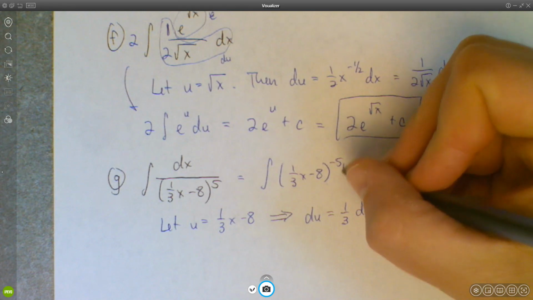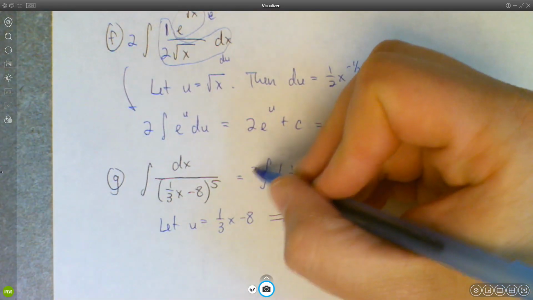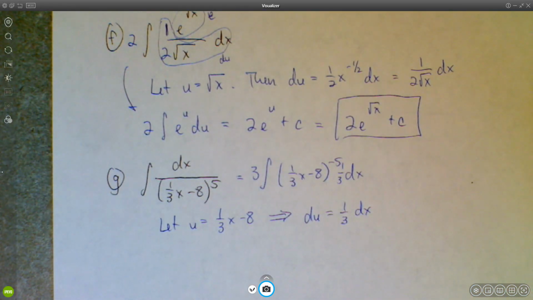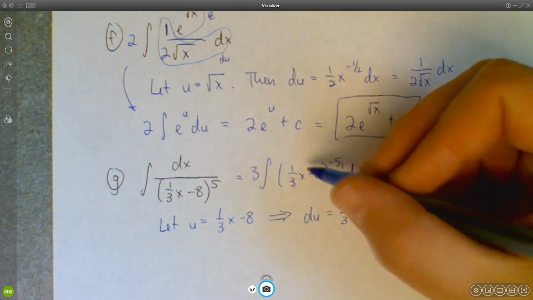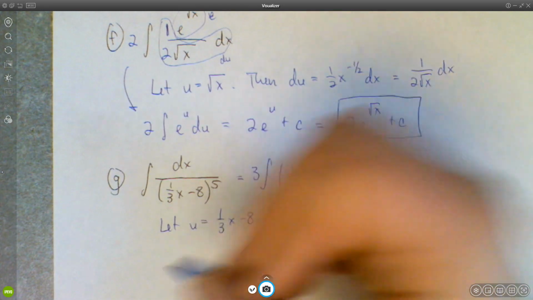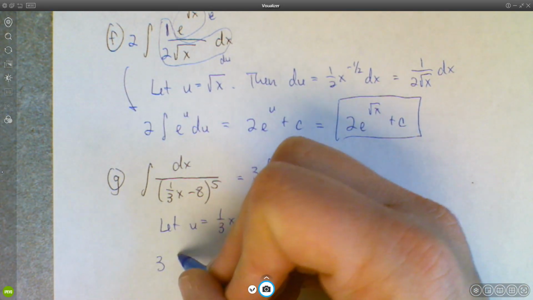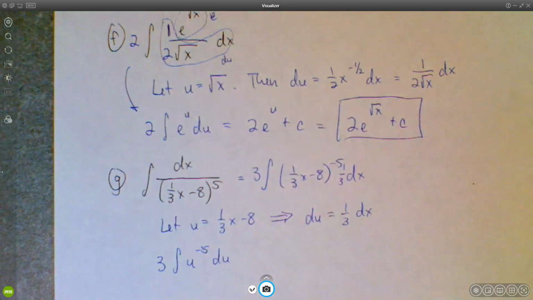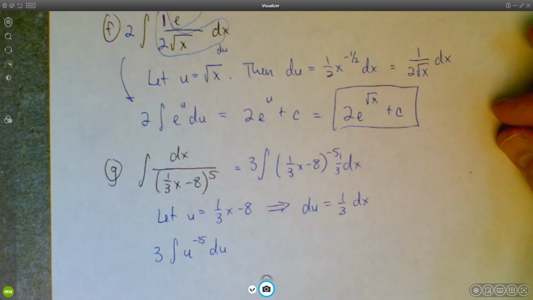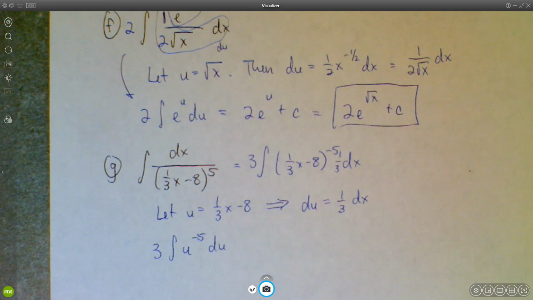I can put a 1/3 here, as long as I put a 3 there. So then I've got du and I've got u. This is going to become 3 times the integral of u to the -5 du. And that's that.